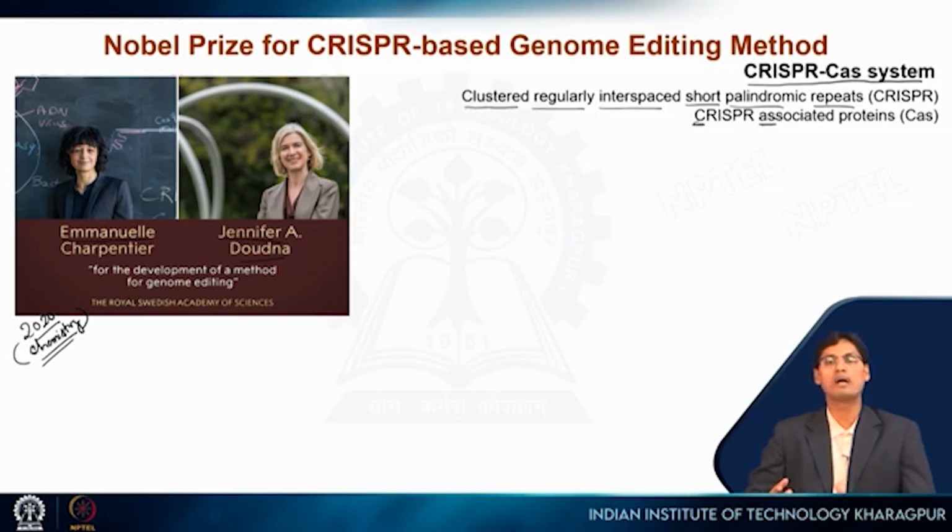Sometimes they have restriction enzymes to degrade foreign DNA while protecting their own DNA. Similarly, the CRISPR system is also against phage virus DNA, but it is some kind of adaptive immune system. Let's see what is happening here.